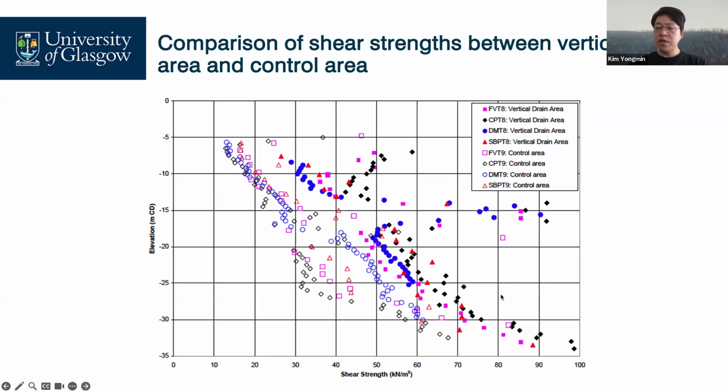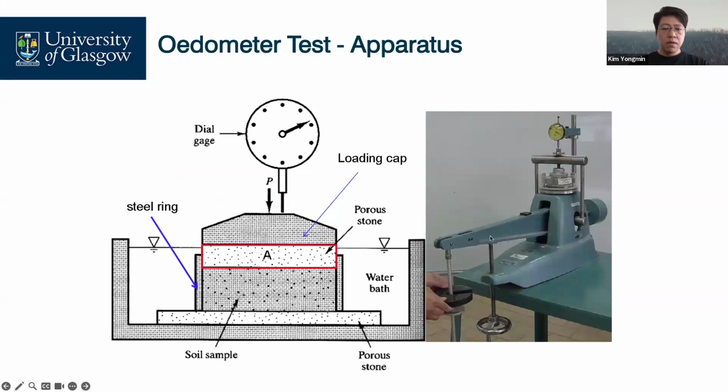Our consolidation process and even the vertical drain works very well. So in order to figure out our consolidation settlement characteristics, we do oedometer tests to measure one-dimensional compression and consolidation behavior.